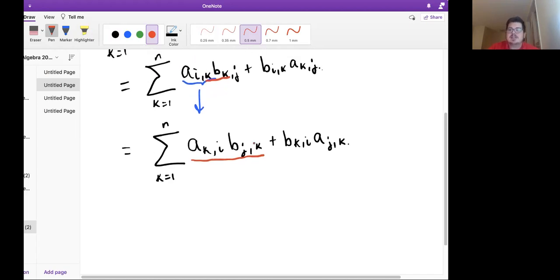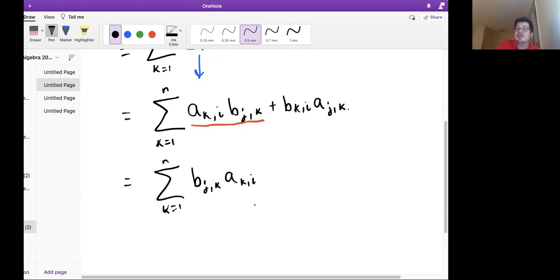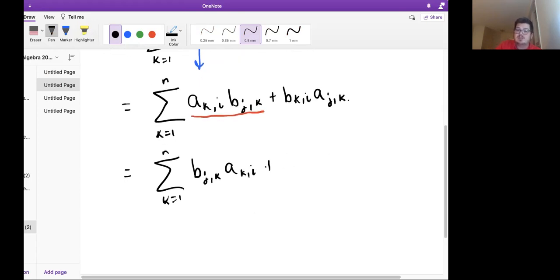It's the trick that we did last time. Yeah, just switch them. It's just normal multiplication here. So we have B, J, K, and A, K, I, right? This is just normal number multiplication. So that's why we can do this.